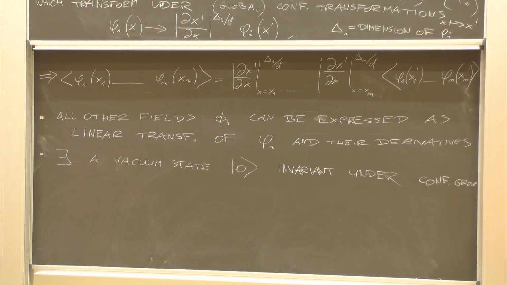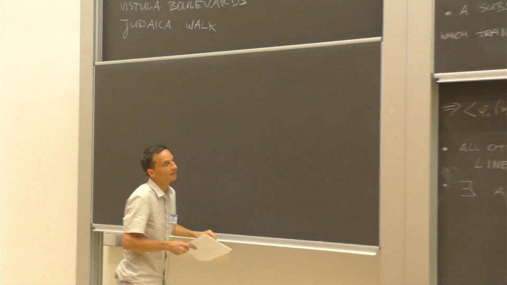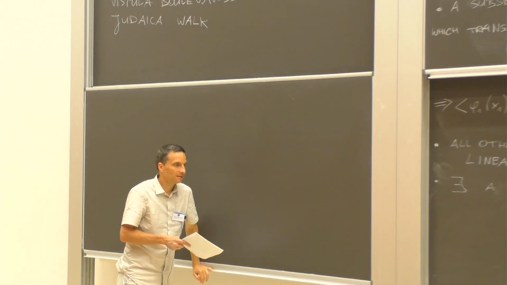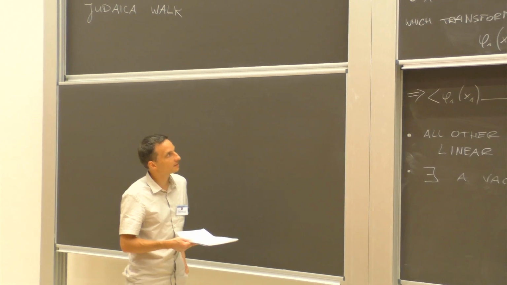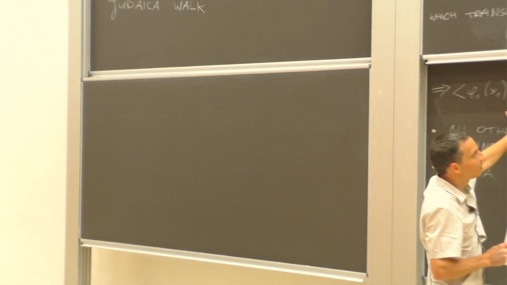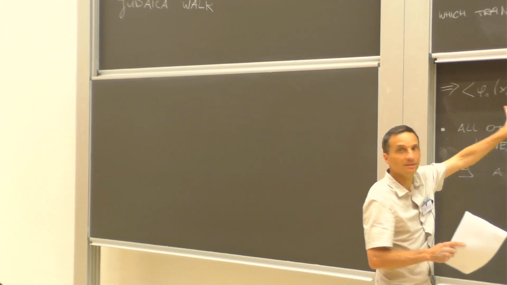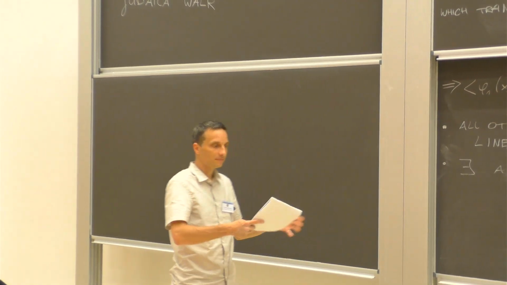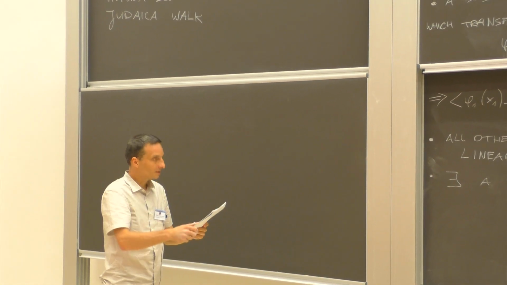Okay, so this is what I will think of as quantum conformal field theory. And let me stress again, we will see that, at least in principle, it is indeed possible to find a way to compute all correlation functions understood in this way, in these theories. So that's why these theories are important.